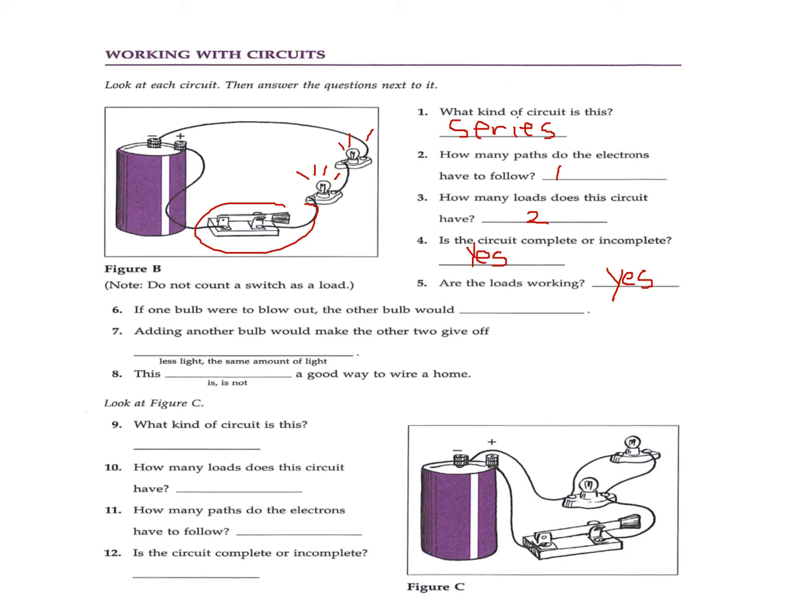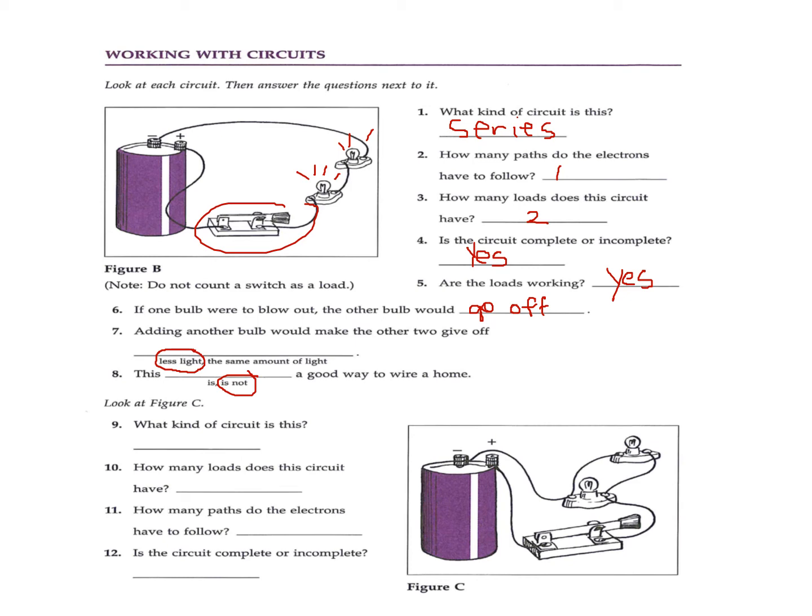If one bulb blows out, the other one will go off. That's how a series circuit is. If you add another bulb, it will make the other two give off less light. This is not a good way to wire your home.